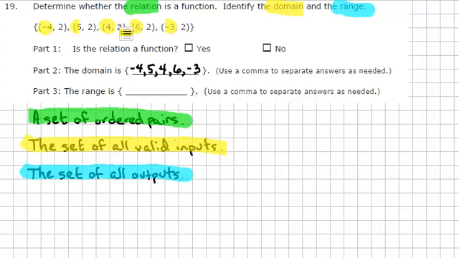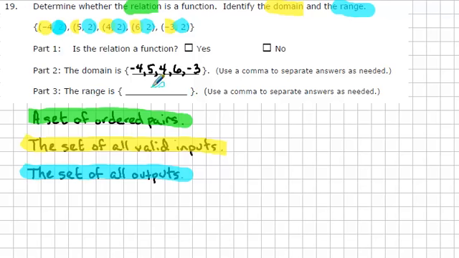So for the set of outputs, we want to identify the second numbers in our ordered pairs. So we have 2, 2 again, 2 again. All the outputs in this relation are 2.